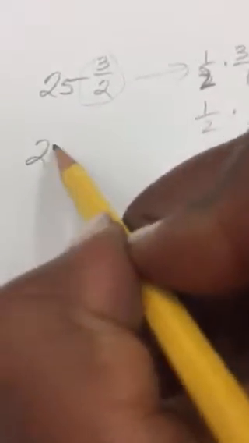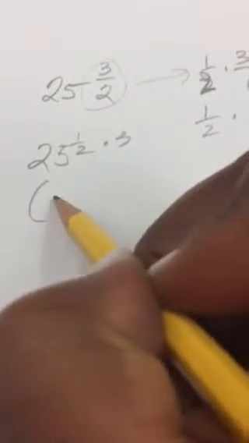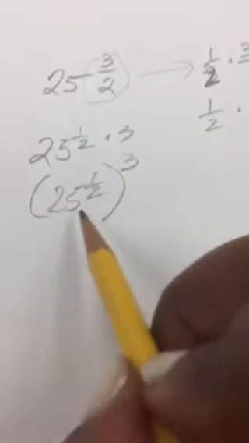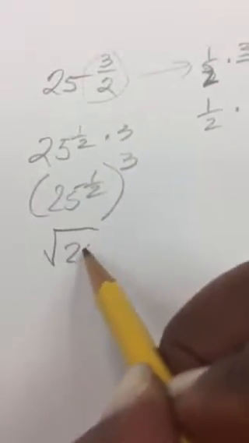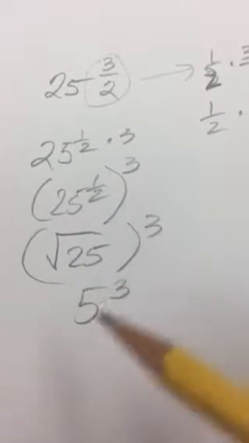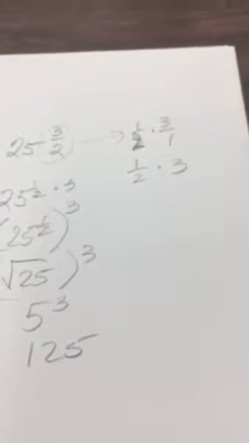So that's going to be 25 to the 1/2 times 3, which is the square root of 25, to the 3rd, which is 5 cubed, which is 125. That's what that one would be, 125.